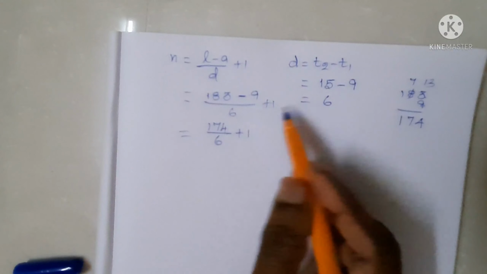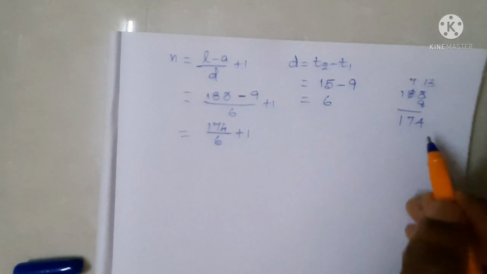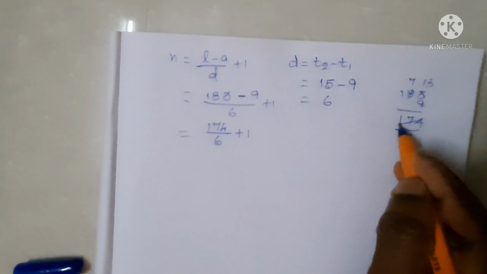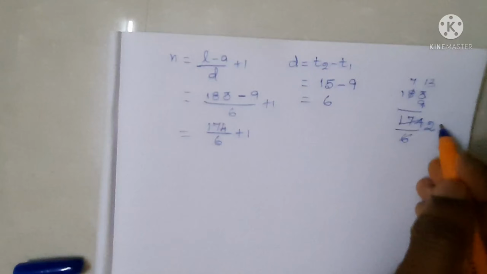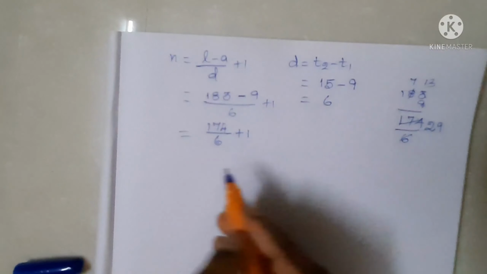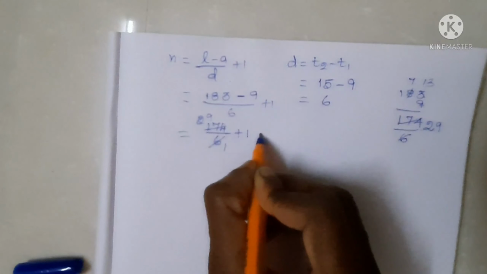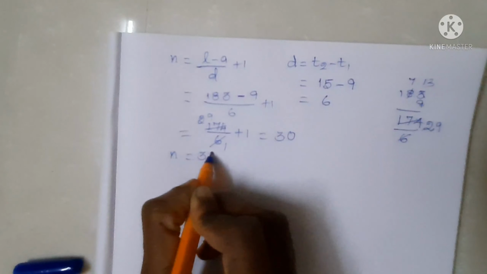First you have to simplify this one. 174 you divide by 6. 2 times 12, then 54. How many times? 9 times. So here 29. So 29 plus 1 is 30. So n is equal to 30.